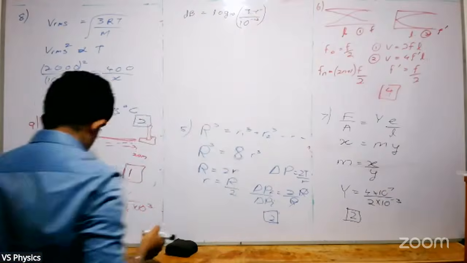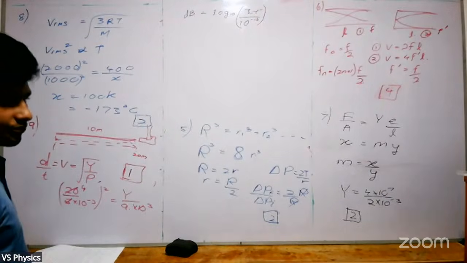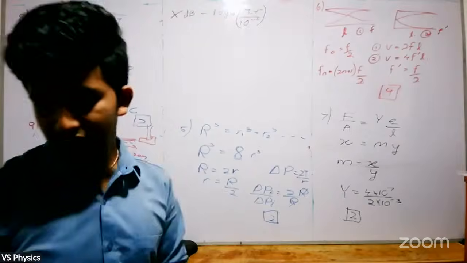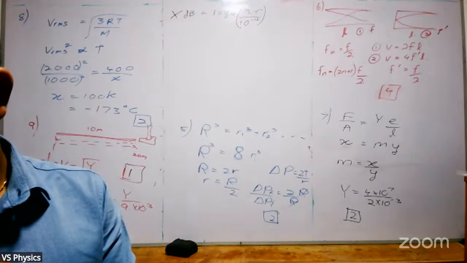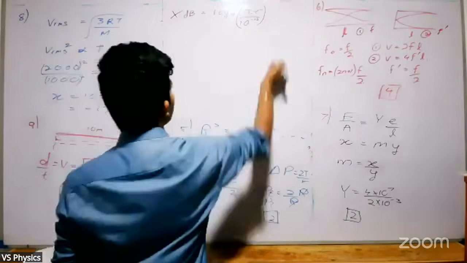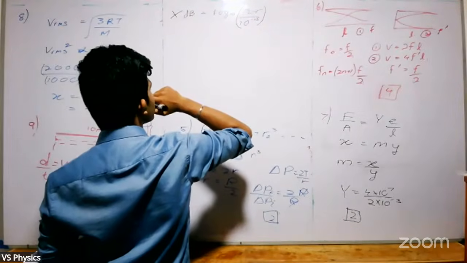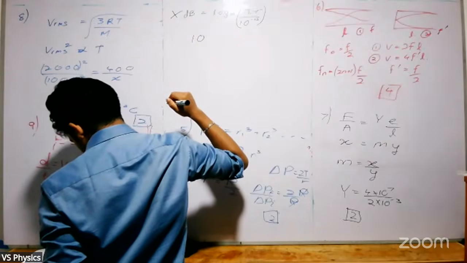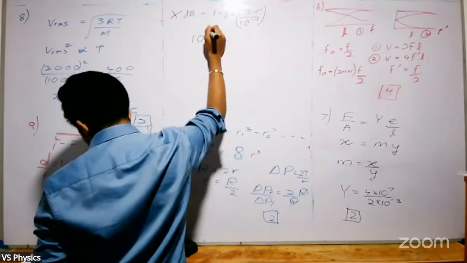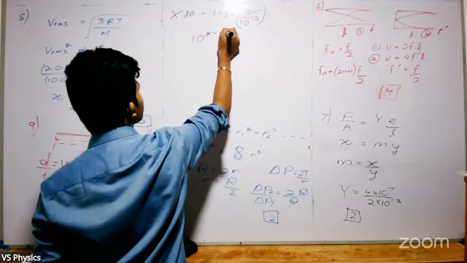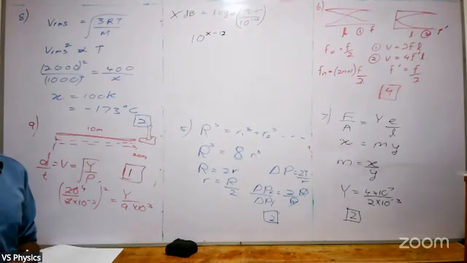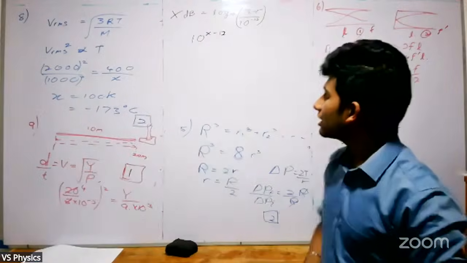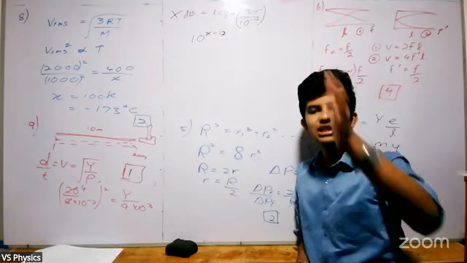So x decibel, now we can write this as 10 to the power x minus 12. Okay? A beautiful thing you can do. These are not shortcuts, just logic in your brain.